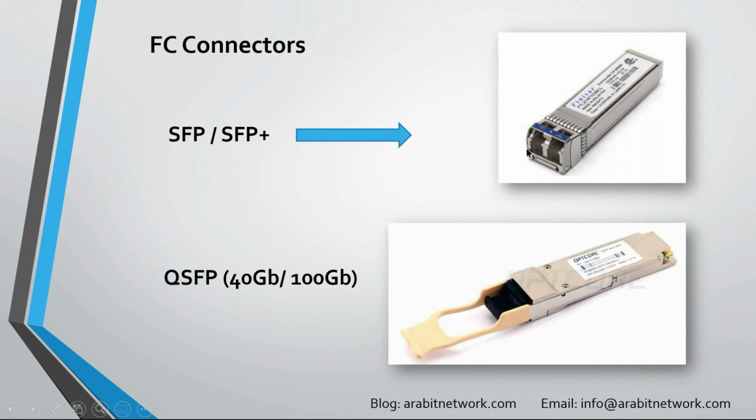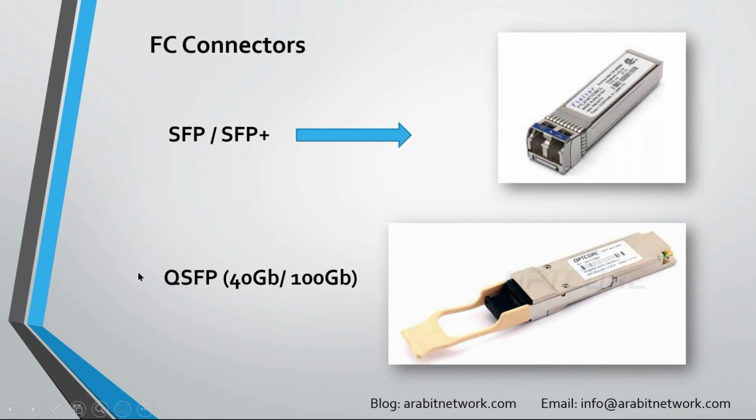If it's an Ethernet SFP, then it's used only for Ethernet traffic. If it's used for both Fiber Channel and Ethernet, then I think it requires a specific type of SFPs to transmit both traffics, the storage as well as Ethernet.